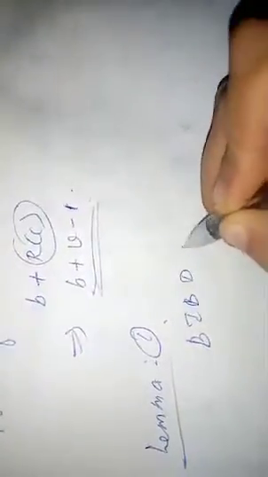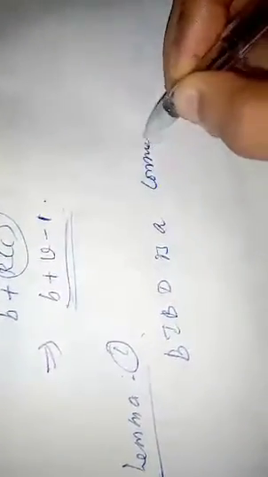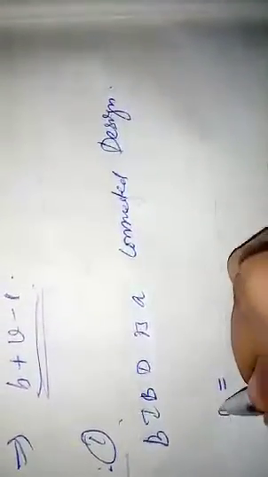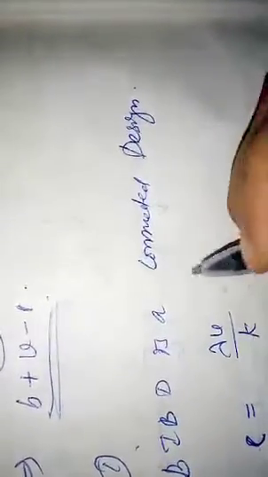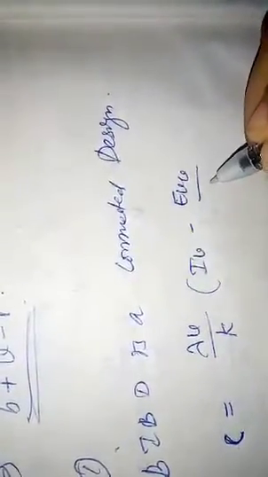Okay, then the next lemma: BIBD is a connected design. The proof is similar to the above. What is the C matrix of BIBD? C equals lambda v by k times (Iv minus Evv divided by v).